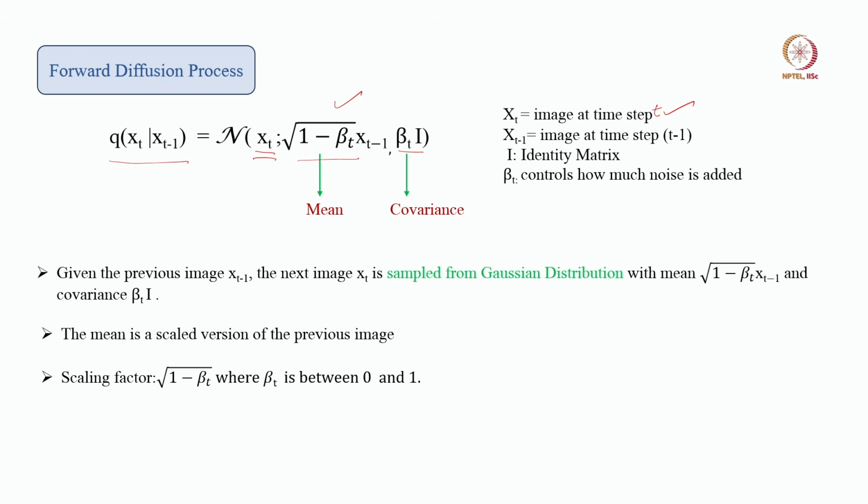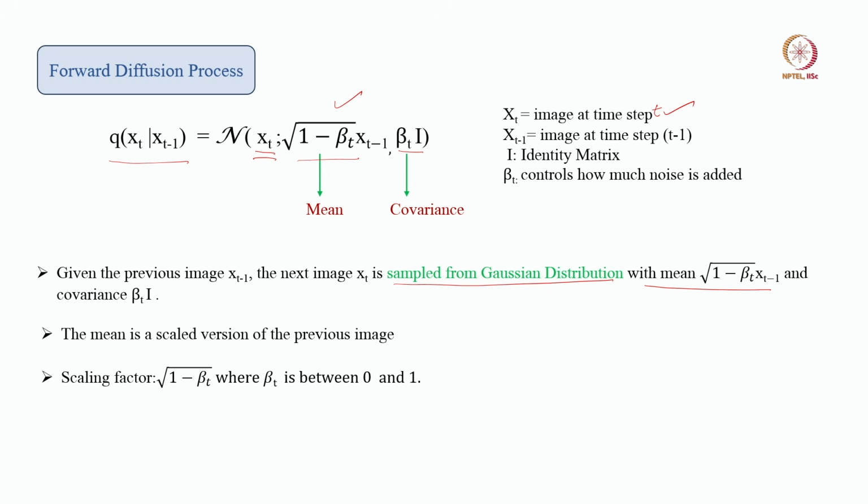Now, given the previous image xt minus 1, the next image xt is sampled from a Gaussian distribution with mean square root of 1 minus beta t into xt minus 1 and covariance beta t into I. What exactly does it mean? I have an image at time step t minus 1.